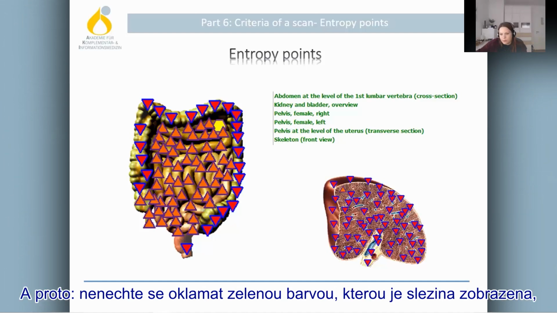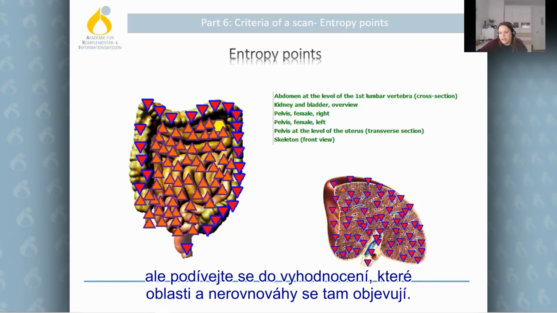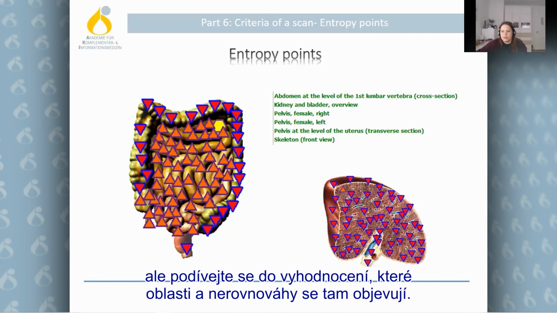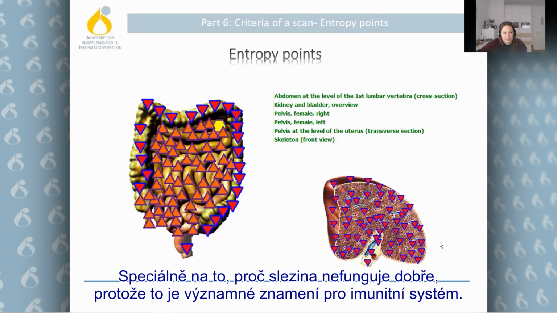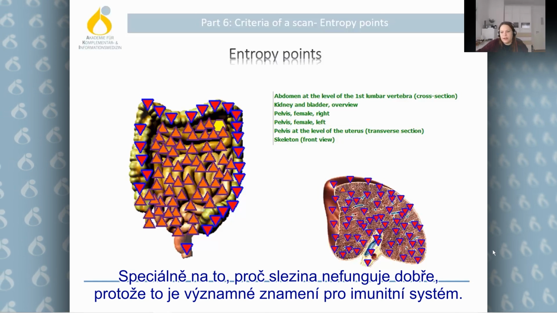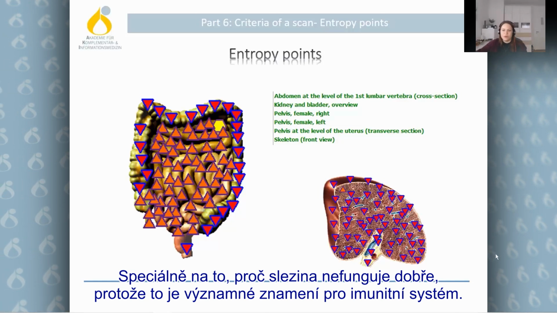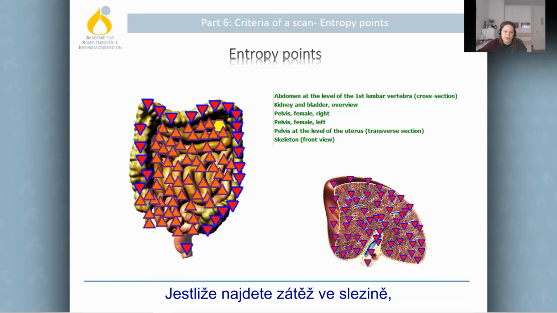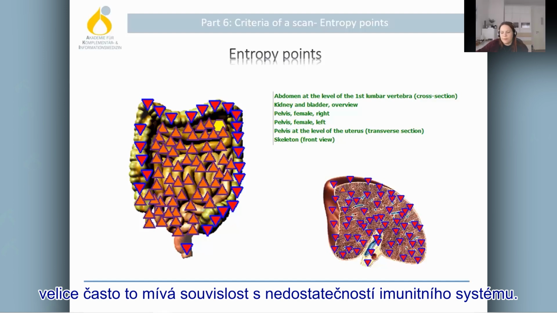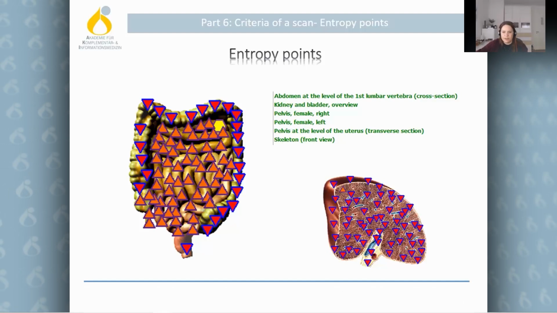Therefore, please do not be deceived by the green font color, but look at which areas and imbalances are displayed in the evaluation. Please check here, especially with the spleen, why it doesn't work really well, because this is a good sign for the immune system. So when you have a stress in the spleen, it's really, really often connected to a lack of immune system in the skin.